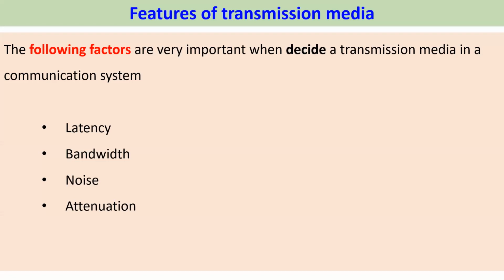It should have very good latency, very good bandwidth, low noise, and good attenuation. Then you can select the particular medium for your communication system. Now we'll move on one by one.